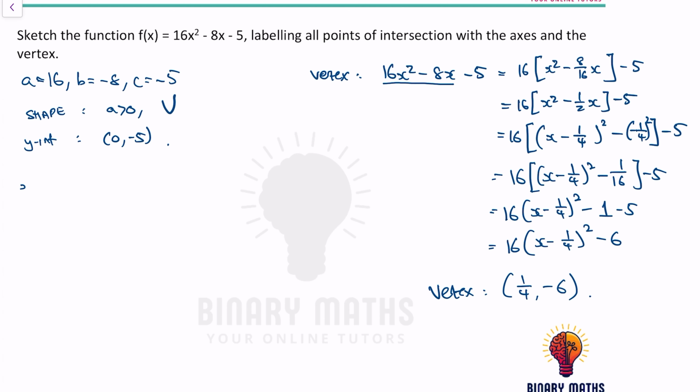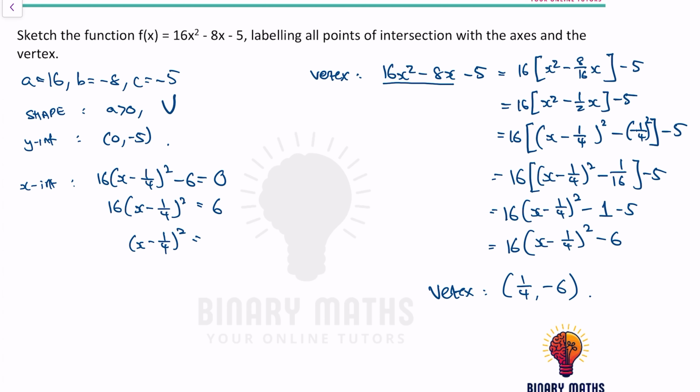Now we've got it in completed square format. If I want to find the x-intercept, I just need to equate it to 0 and solve it. So 16 times x minus a quarter squared take away 6 is equal to 0. Let's rearrange it. So I get 16 times x minus a quarter squared is equal to 6, which means x minus a quarter squared is equal to 6 over 16.